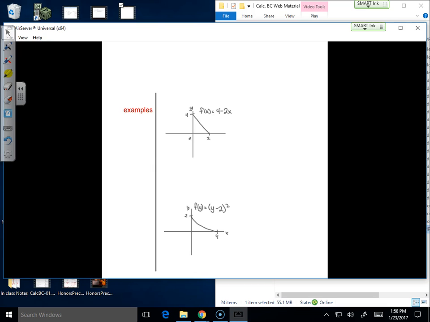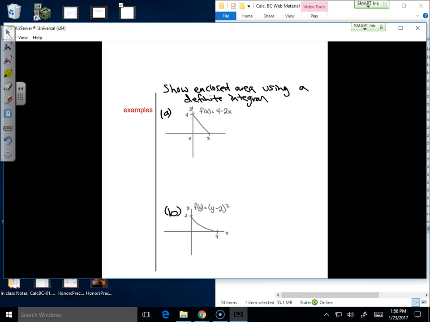Let me give directions real quick, because it might not be what you think. Show the enclosed area using a definite integral.